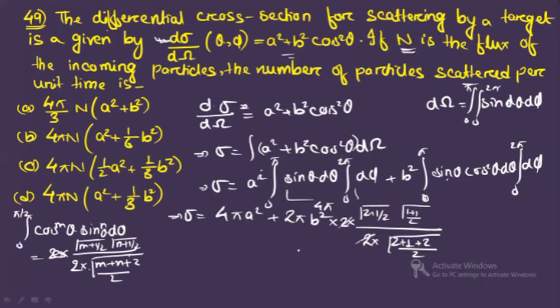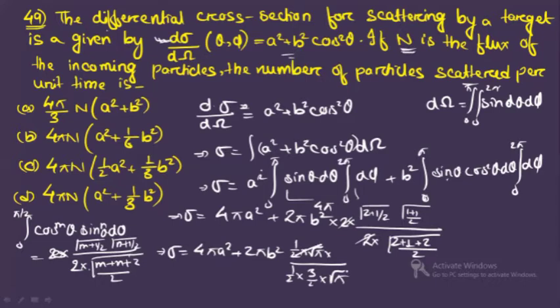So this 2 will cancel this 2. And finally you will have sigma equal to 4 pi a square plus 2 pi b square times gamma 3 by 2. Gamma 3 by 2 can be written as 1 by 2 into root pi. This 2 by 2 is 1, divided by gamma 5 by 2, so you can write it as 1 by 2 into 3 by 2 into root pi. Clear?